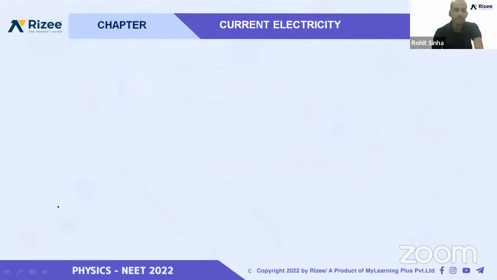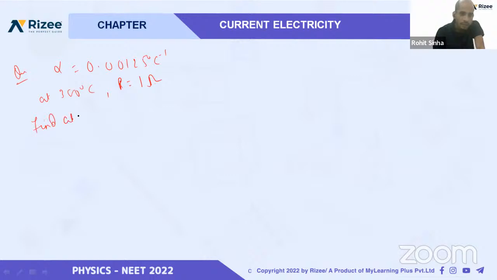Now let's see some more examples. One question: suppose it is given that alpha is equal to 0.00125 per degree centigrade, and it is also telling that at 300 degree centigrade R is equal to 1 ohm. Then we have to find at what temperature R is equal to 2 ohm.